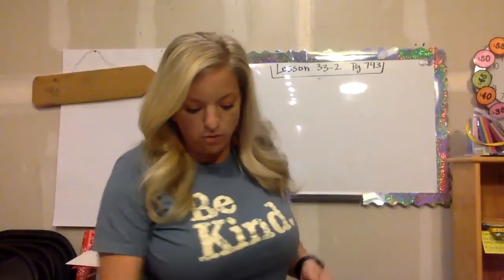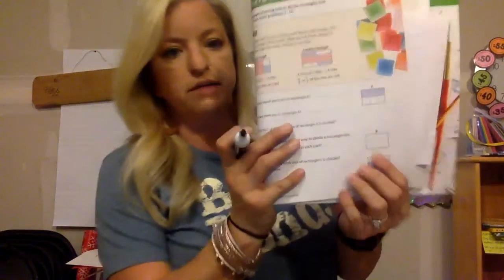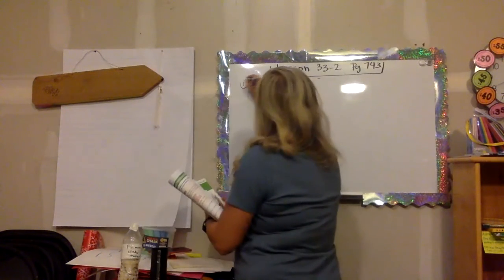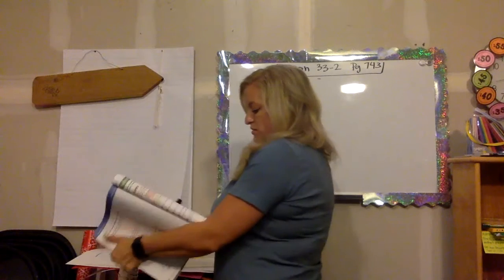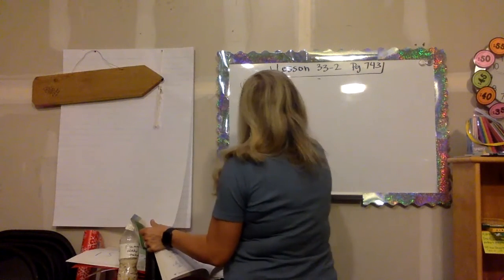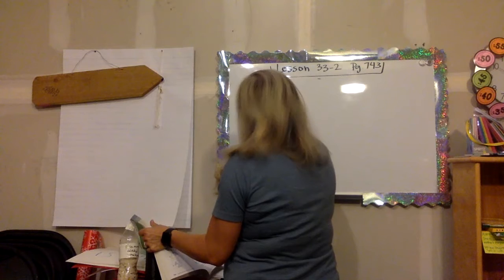So number 1, how many equal parts are in rectangle A? So A is right next door to the words. How many equal parts are there? Well, there's 3 and 3. 3 plus 3 is 6. There's 6 equal parts. How many rows in rectangle A? Well, there were 2 rows.